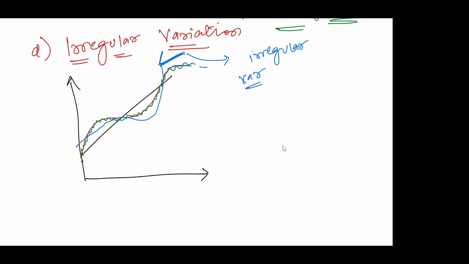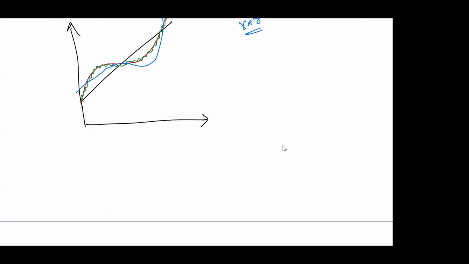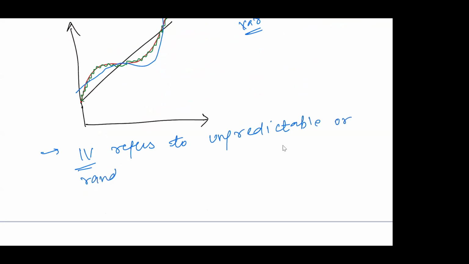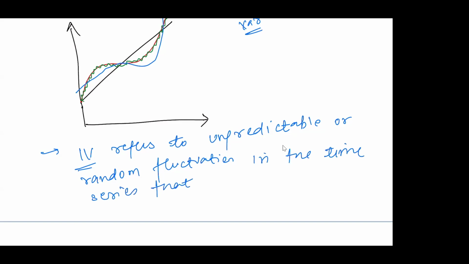So the definition is: irregular variation refers to unpredictable or random fluctuation in the time series that cannot be explained by the other three components.